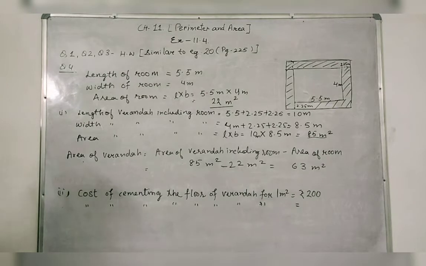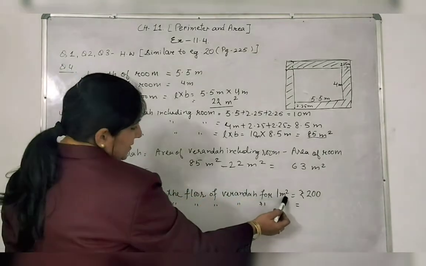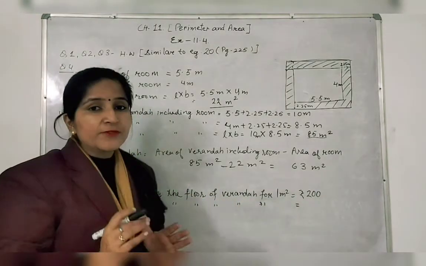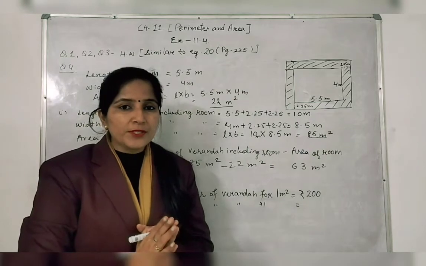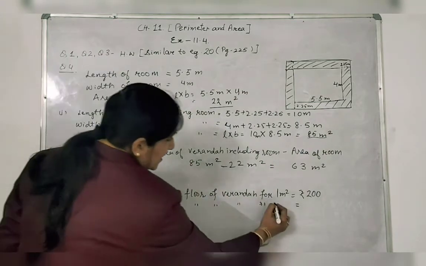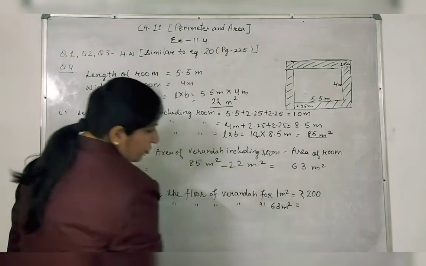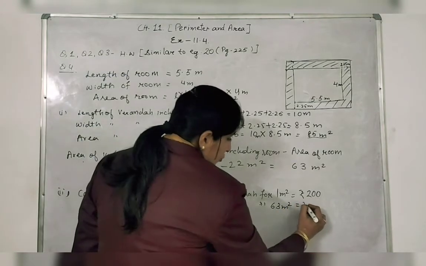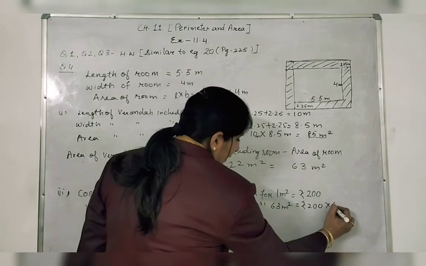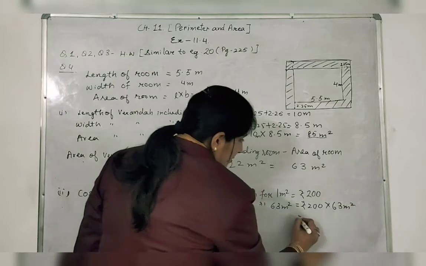After this we will calculate the cost of cementing the floor of the veranda. For 1 meter square it is given to us that it is 200, meaning for 1 meter square we need to pay rupees 200. But for 63 meters square, what should we pay? So that is rupees 200 multiplied by 63 meter square.